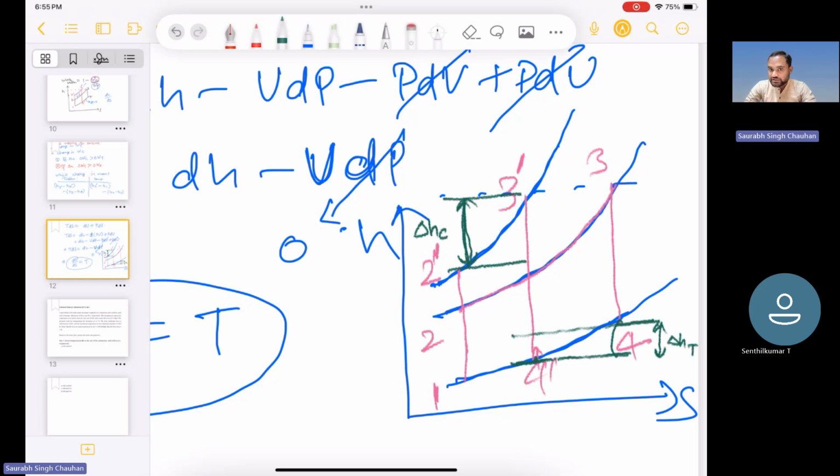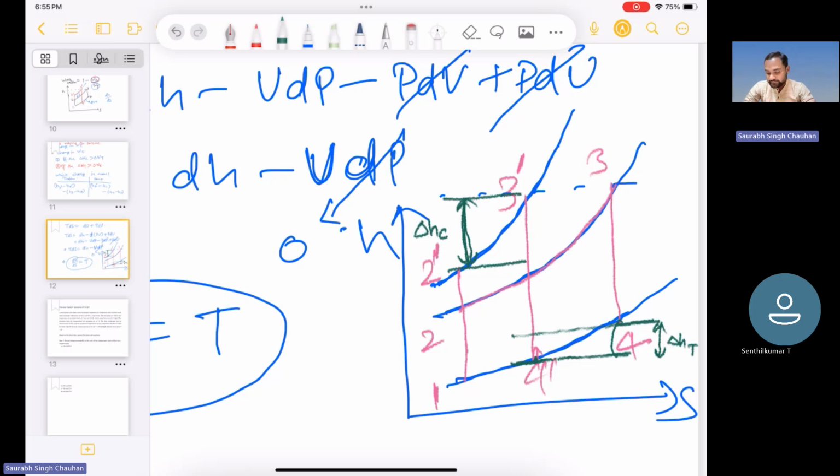So the slope depends on the temperature and the slope is proportional to the temperature. At higher temperature, the slope is more, and at lower temperature, slope is less. So less slope means it is flatter, more horizontal. And higher slope means it is more vertical.